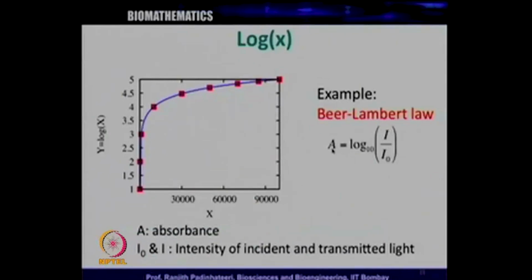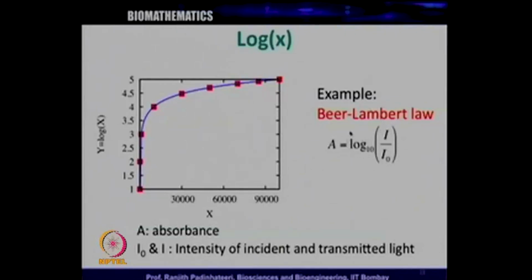If you have a liquid and you shine light on it, the amount of light absorbed is related to the intensity of the incident light and the transmitted light. If you have I and I 0, the intensities of the transmitted and incident light, the absorbance is basically the logarithm of this ratio. So, this is some natural property.